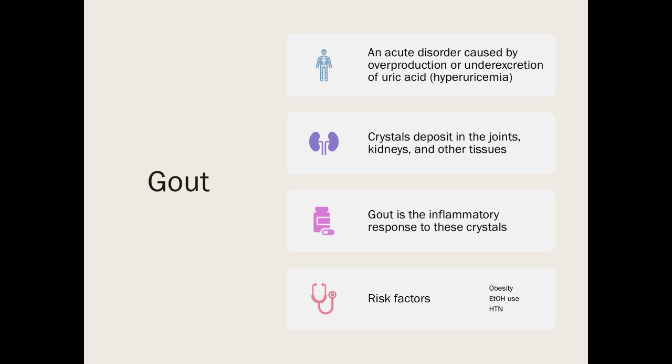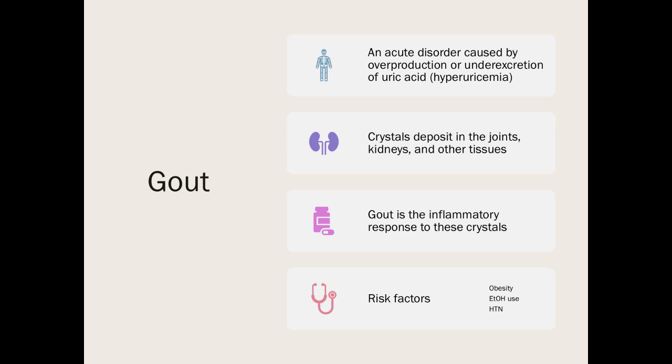It's a disorder caused by either the overproduction of uric acid or the under-excretion of uric acid. Either way, we have too much uric acid in our body, and uric acid creates crystals in our joints, in our kidneys, and our tissues, and that's going to create pain and inflammation.